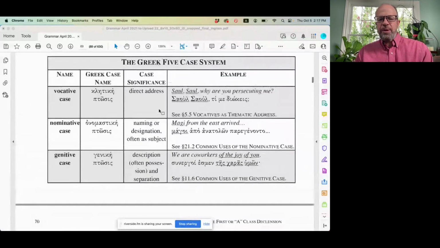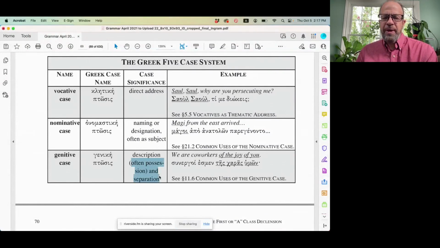We've already talked about the endings and formation, so here we're going to talk about its basic meaning and use. The genitive case is a case of description and often of possession. This possession can also be particularized in terms of relationship.